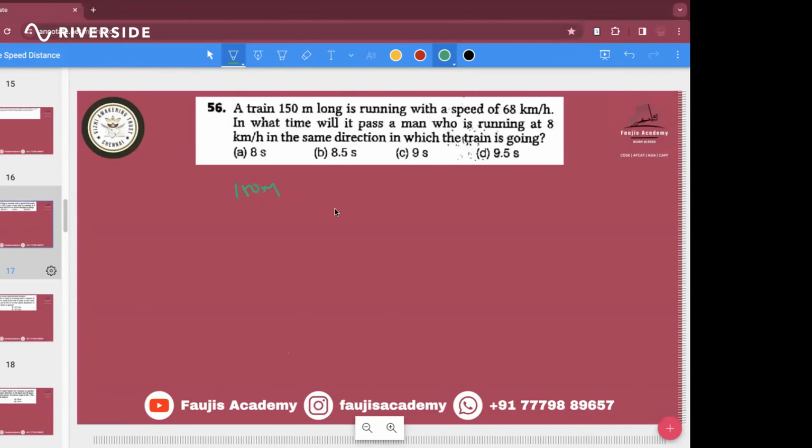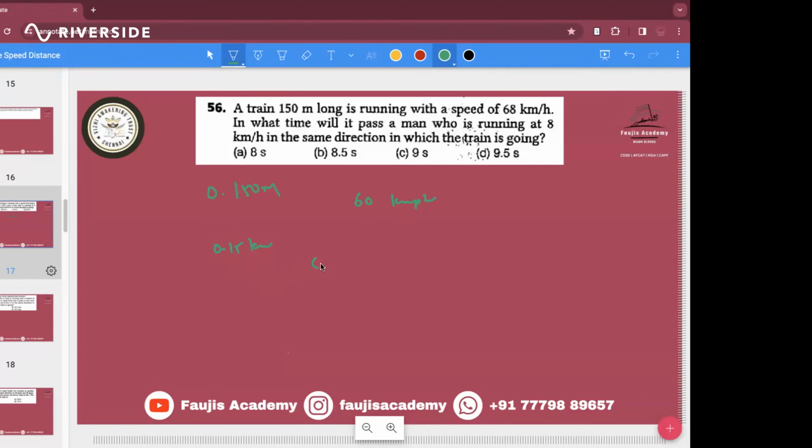A 150-meter long train running with a speed of 68, who is running in the same direction, that means it is passing by 60 kmph. It's nothing but 0.15 kilometers.